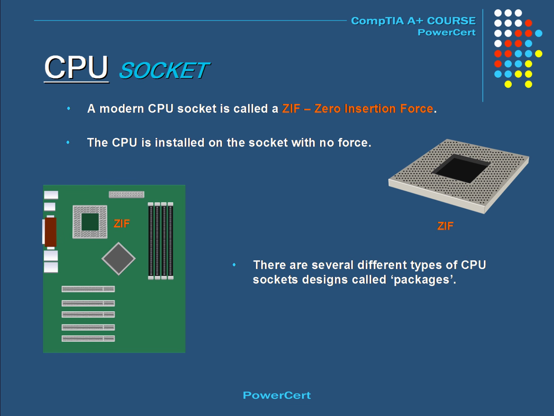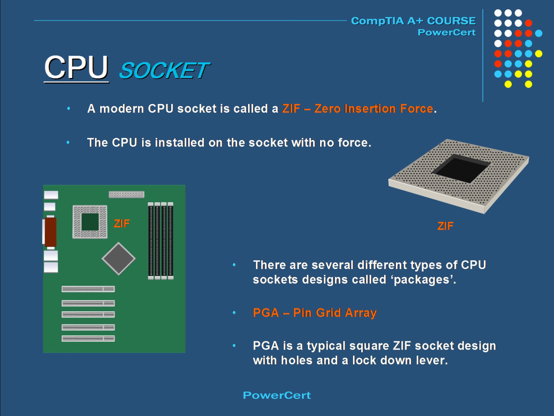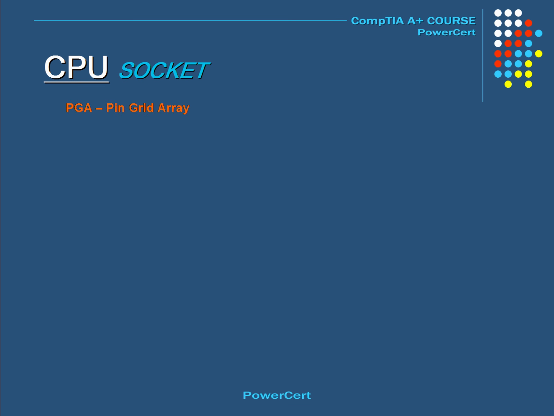There are different types of CPU socket designs called packages. One of the most common types of these packages is the PGA, or Pin Grid Array. The PGA package is a typical square ZIF socket design with holes and a lockdown lever as stated previously. There are several different sockets that use the PGA package. For example, Socket 1, which came out in 1989, had 169 pins and used the Intel 486 processor.